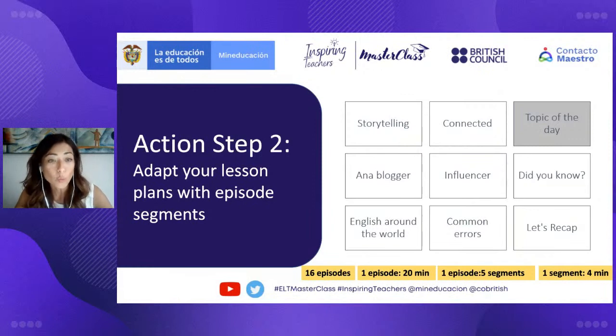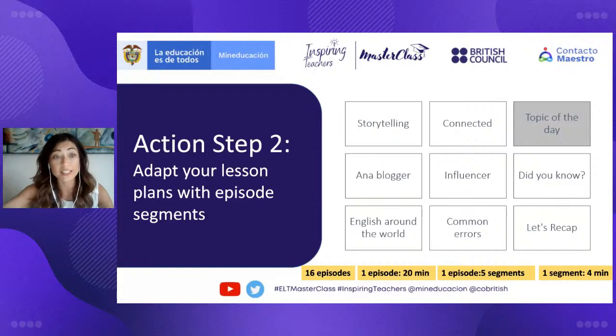But what you do want to do is to use a segment. And since there are 5 segments in an episode, we invite you to choose one. One segment is about 4 minutes long, right? As the one that we listened to today. And what it allows me to do is to actually have students listen to the episode before the in-person class.